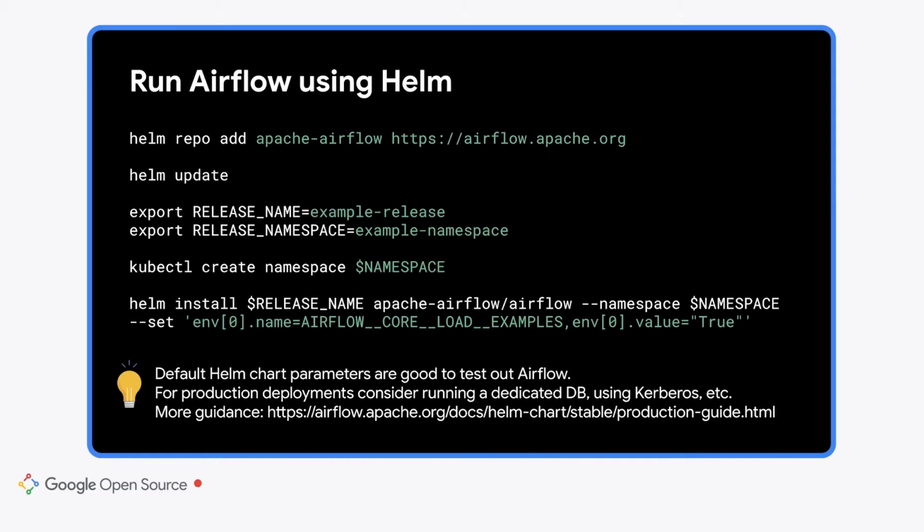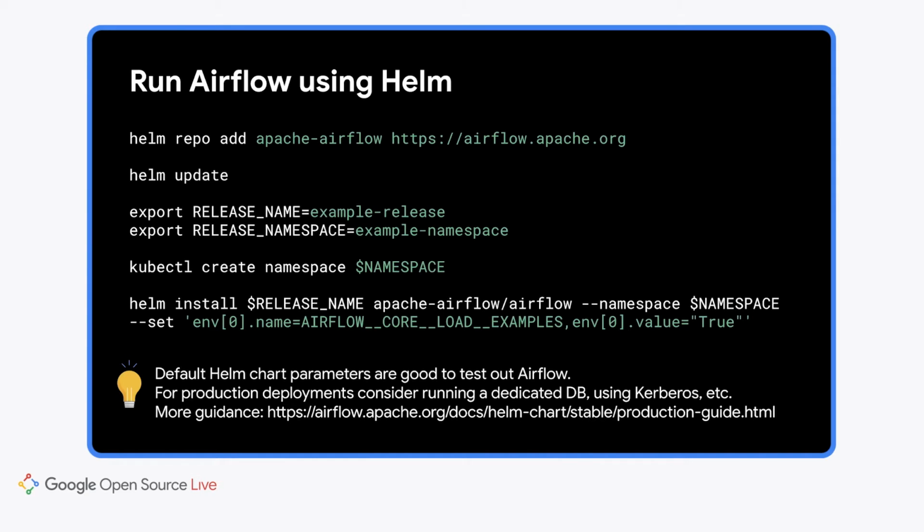When you use the Apache Airflow Helm chart with default parameters, you are going to create an Airflow environment that is very good for testing out, but maybe not for production usages. Of course, it is possible to use the Helm chart to create production deployments. There is even a special guide created for you.